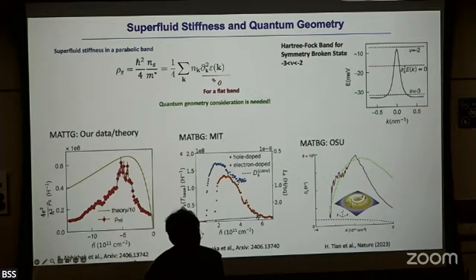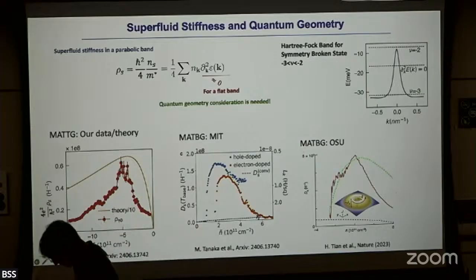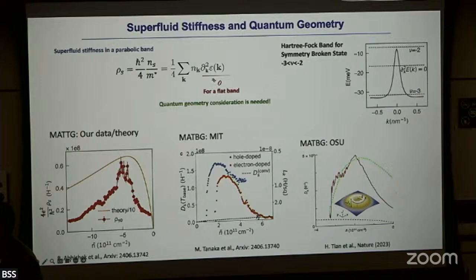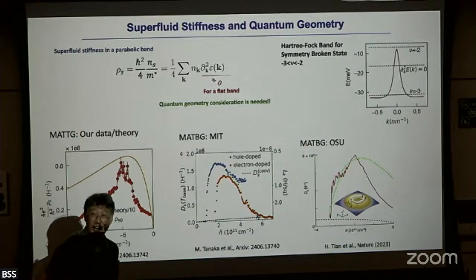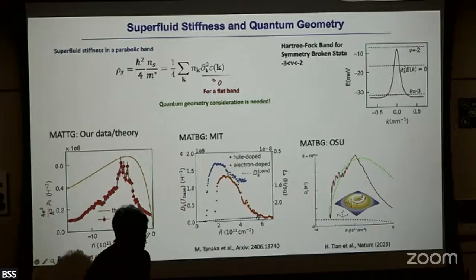I think Pablo published this paper in 2018, so it's now 7 years. Now it's twisted bilayer, trilayer, 4-layer, 5-layer, I think probably up to the 6th layer demonstrated.